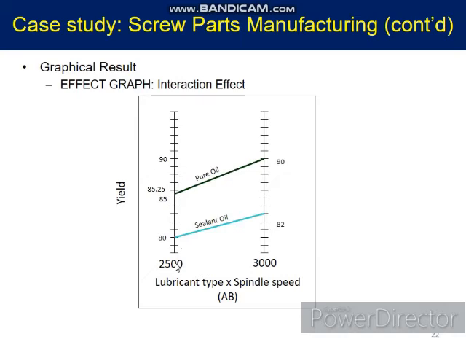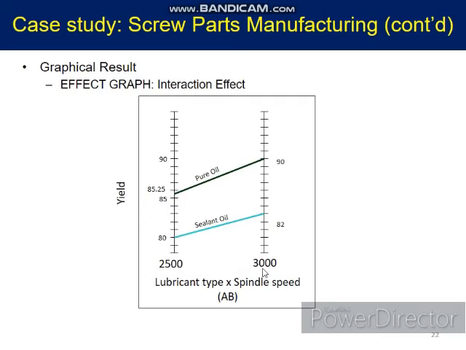As mentioned just now, sealant oil is minus, and pure oil is plus for the level of the lubricant oil. So at the minus level of spindle speed, which is 2500, and minus lubricant oil, which is sealant oil, you get a yield of around 80.